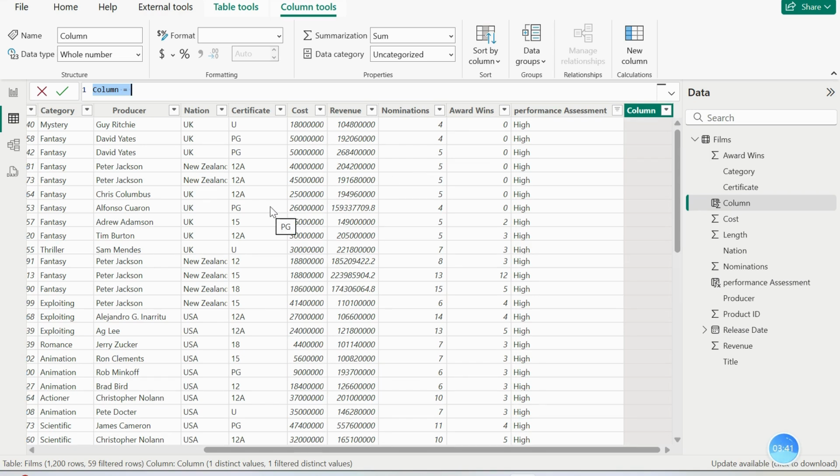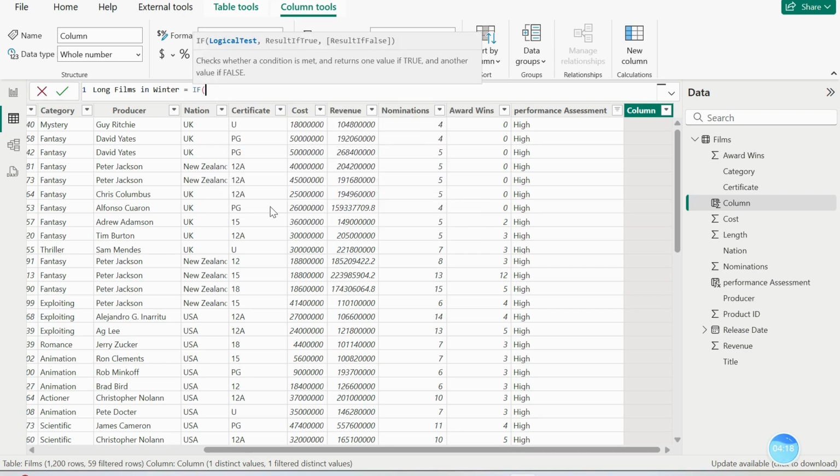If the running time of the movie is longer than 120 minutes, that's 2 hours, at the same time the movie was released in December, then we call it expected. Otherwise, it's called not expected. We call it long films in winter. Okay, that's for sure.